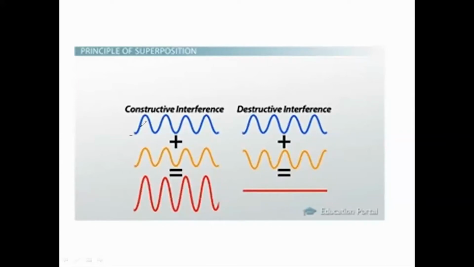So you notice how there are these peaks and then these troughs, right? And in these two waves, the peaks of the two waves coincide, and the troughs coincide. So when you add these together, you get two peaks at the same point. You can just get a really bigger peak.